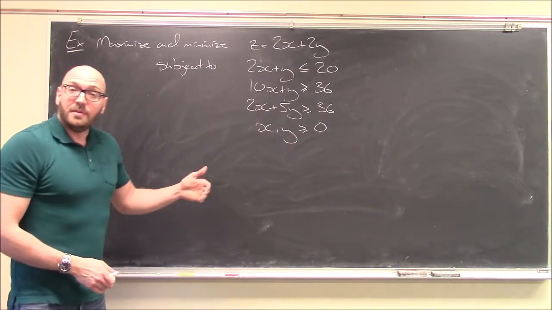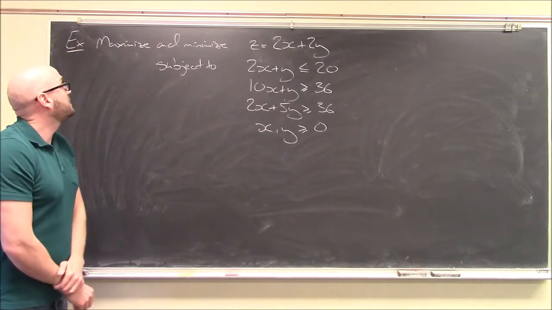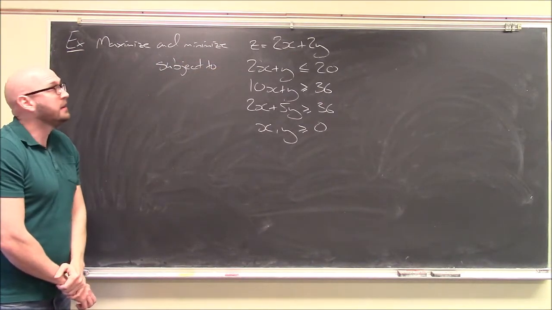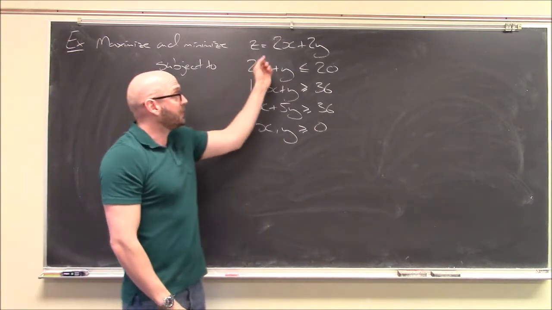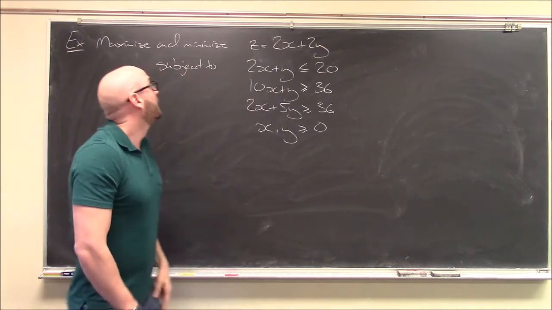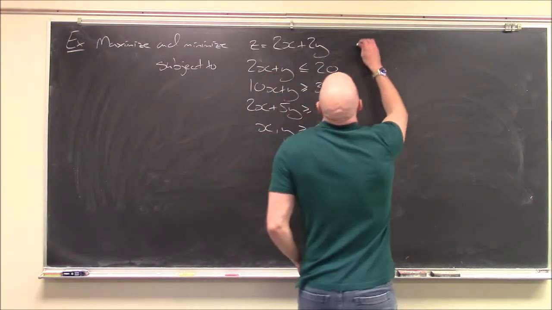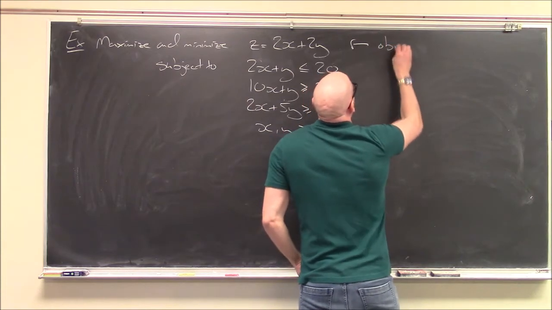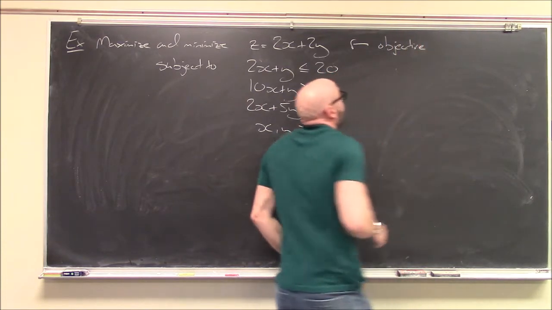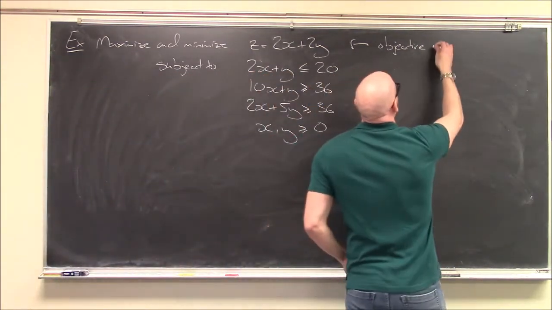So what I have behind me is a typical linear programming problem. The question is, maximize and minimize this function, z equals 2x plus 2y. This is the type of function we'll be looking at. It's a linear function of 2 variables x and y, where a is equal to 2 and b is equal to 2. So this is our objective function, using the terminology from the board of words that I just erased.